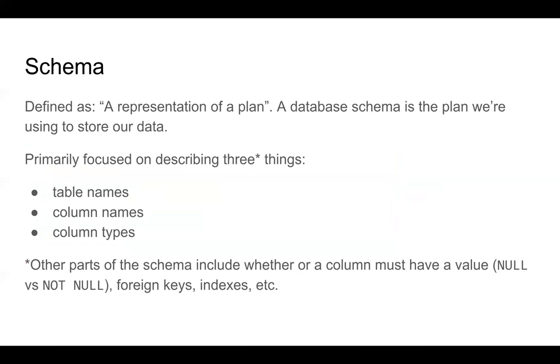Now, another important term when we're talking about databases is a schema. A schema is kind of like the plan for your data: the specific tables you're going to use, the specific columns that your tables are going to have, and the types of those columns.